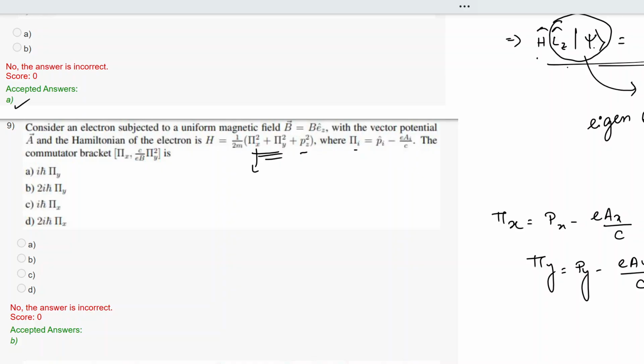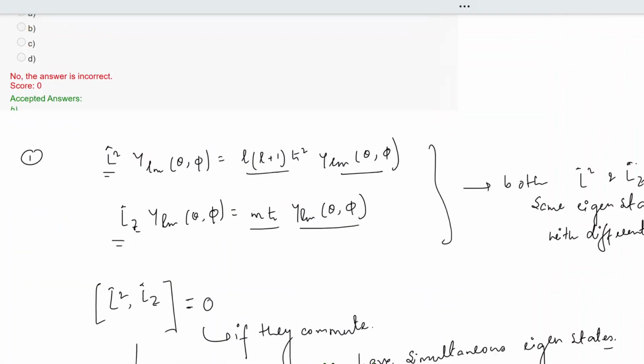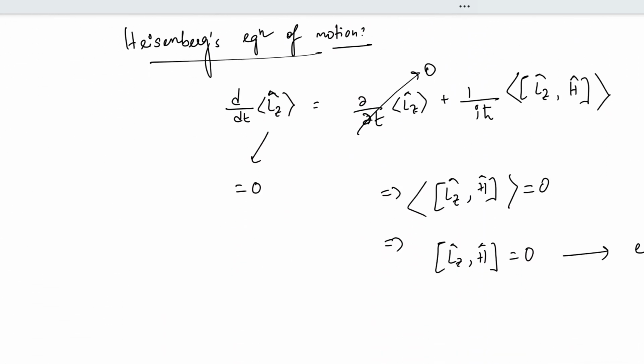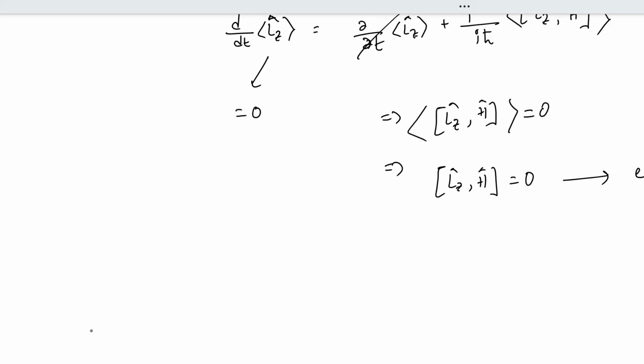So what is pi x and c by eB pi y squared? We have to use the commutator bracket relations. So let us go down and solve this. This is pretty simple. Using the relations you will get the answer.